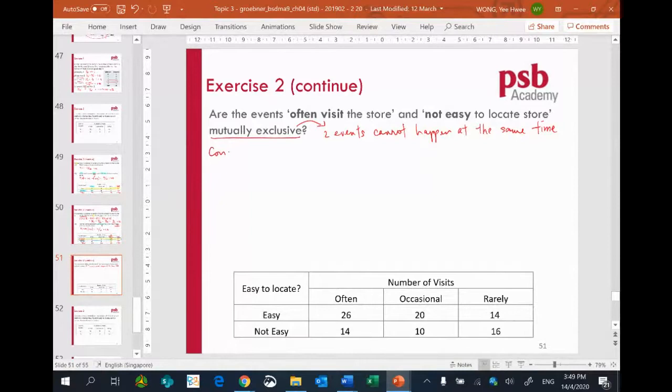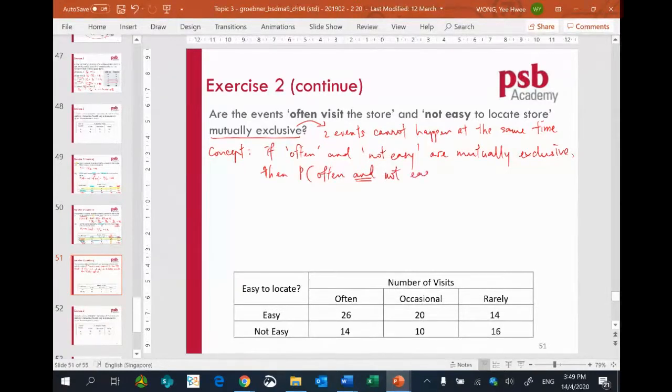So this is a concept. If often and not easy are mutually exclusive, then the probability of them happening at the same time will be just 0, because it cannot happen at the same time.